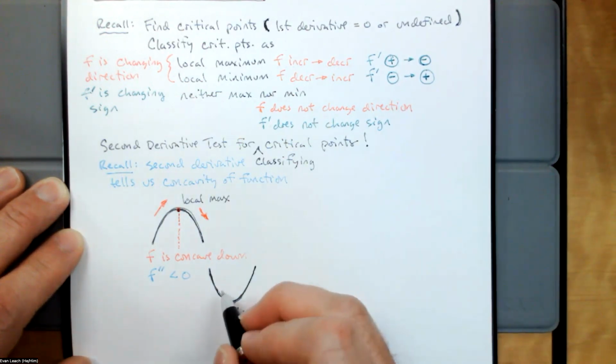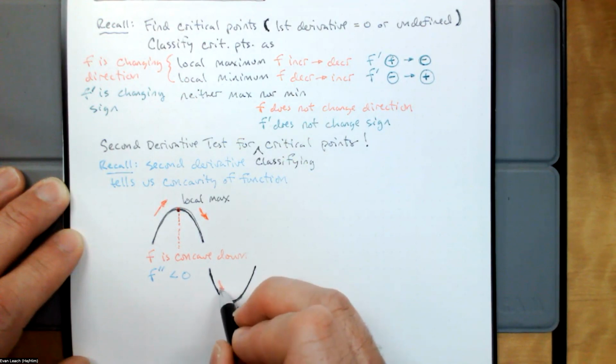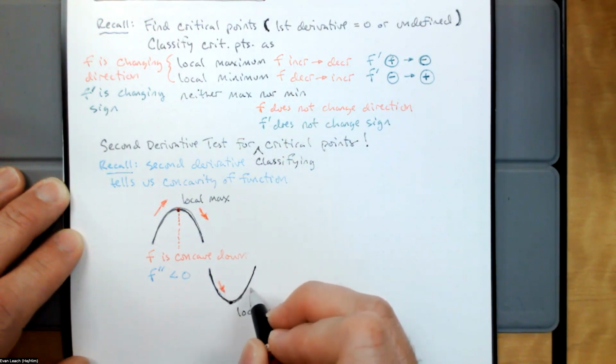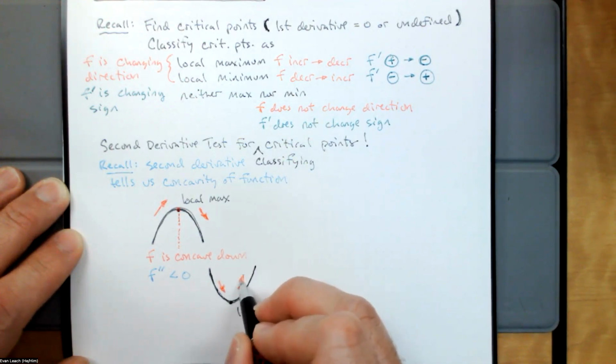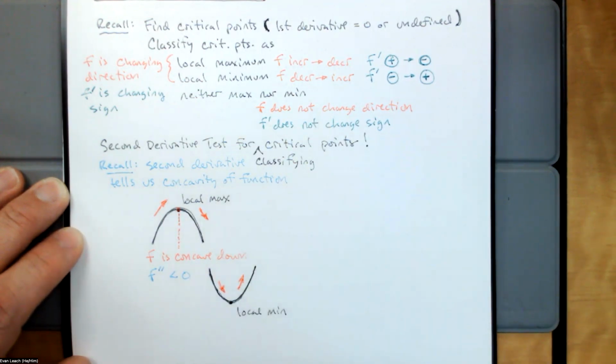Here's a local minimum where our function is changing from decreasing to increasing. And notice that at this point, at this local minimum, f is concave up.